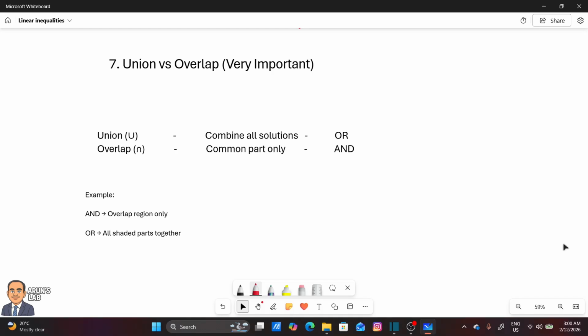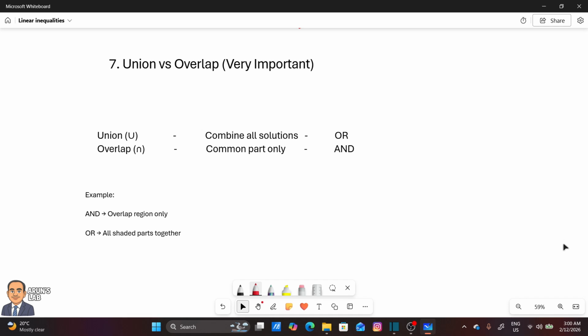Overlapping means AND, which is the common part. We are looking for the x values that satisfy both linear inequalities at the same time. That means the overlapping region, the common area, the common values where both inequalities are satisfied at the same time. That's called overlapping.